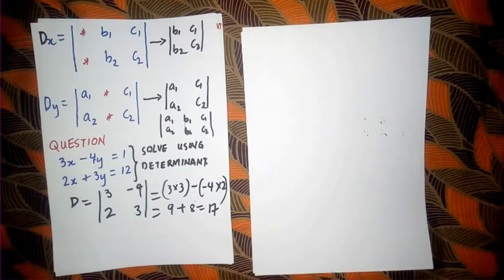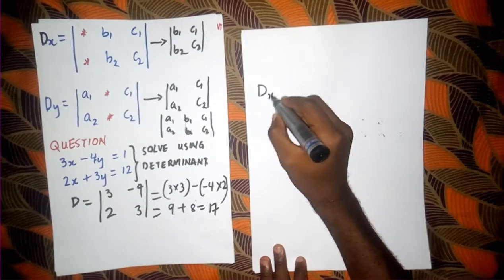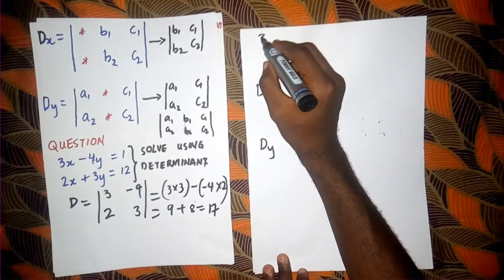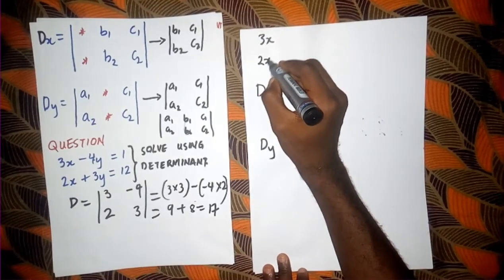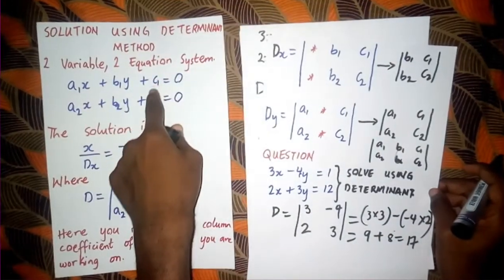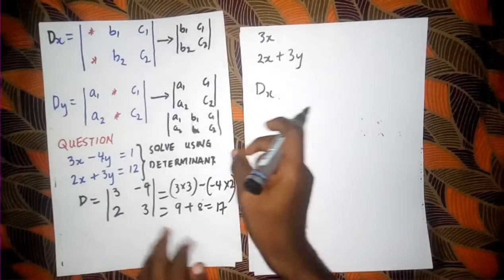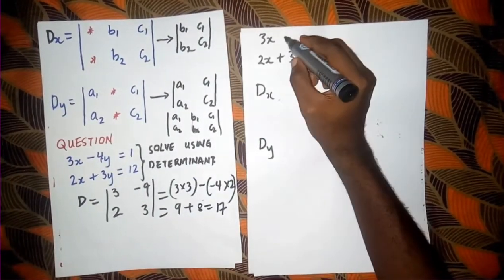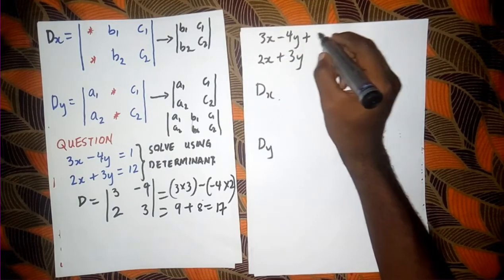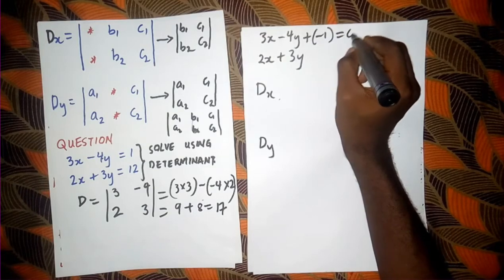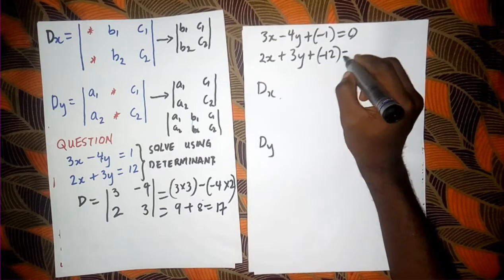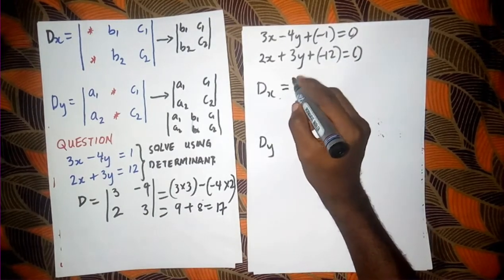Before we can find our dx and our dy, let's look at our equation. Our equation says 2x plus 3y. But remember the c1 and c2 are here, not at the right hand side, so we are going to move them to the left hand side. We have minus 4y, and taking 1 to the other side to become minus 1, so that equals 0, and taking 12 to the right side becomes minus 12, equal to 0.